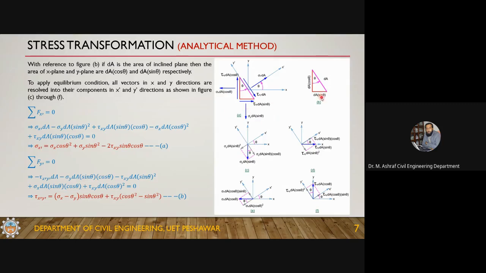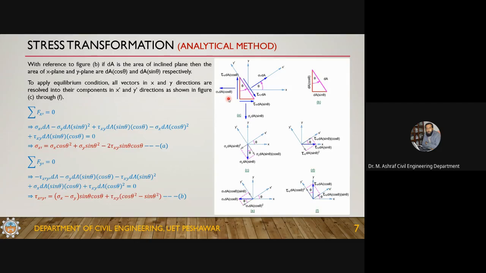So you have multiplied them with the corresponding area, and converted all these tensor quantities, the stresses, into vectors. Now sigma x prime dA is a vector, so all of them are now vectors. Now you can apply vectorial algebra.